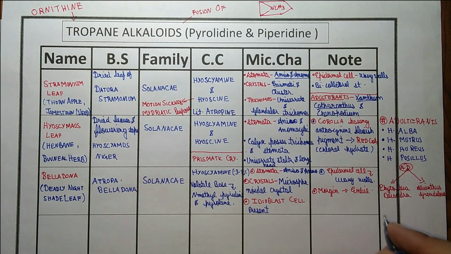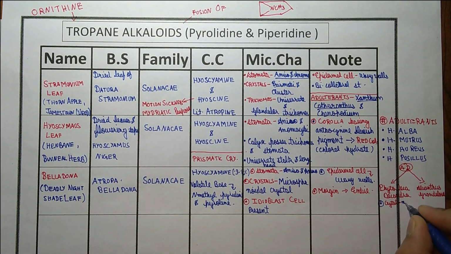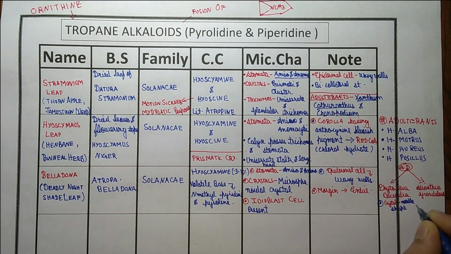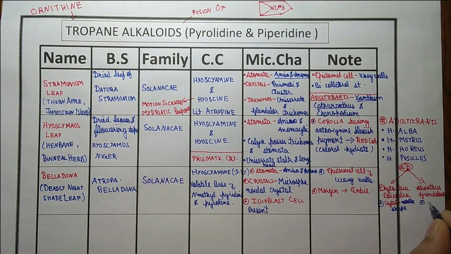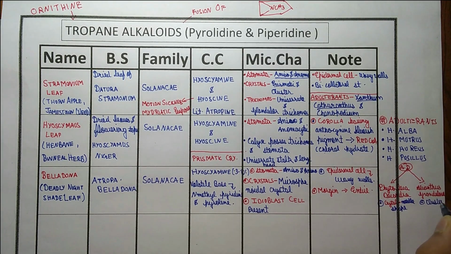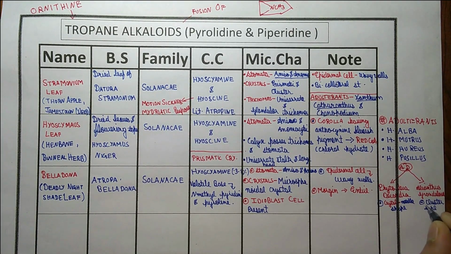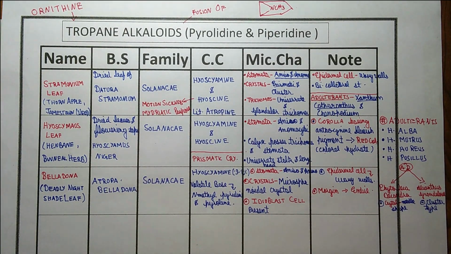Some important points are that in Belladonna the crystals are needle shaped, and in the adulterant the crystals are cluster type. This is a very important difference.